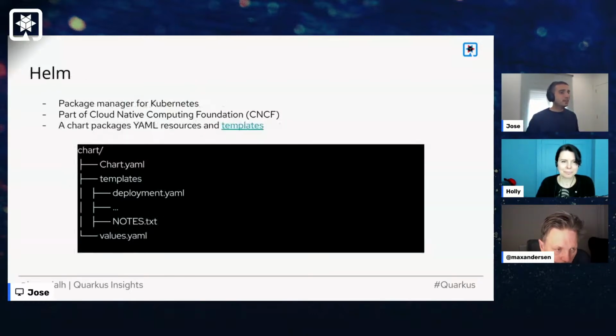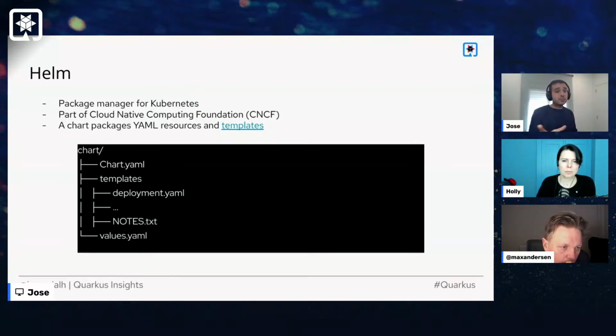Okay. So what is Helm? Helm is the package manager for Kubernetes, and it is also part of the Cloud Native Computing Foundation. The packages in Helm are charts. A chart is a folder containing several files.